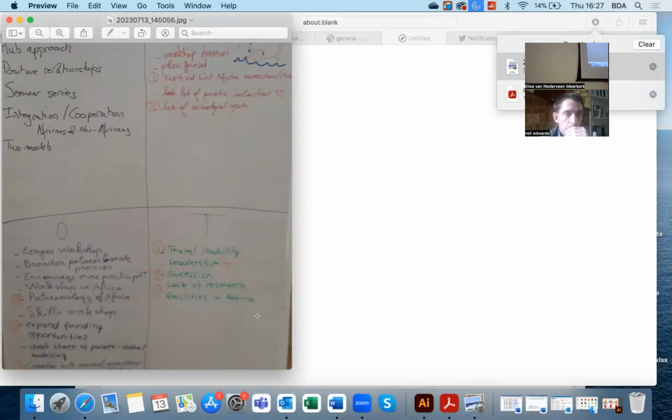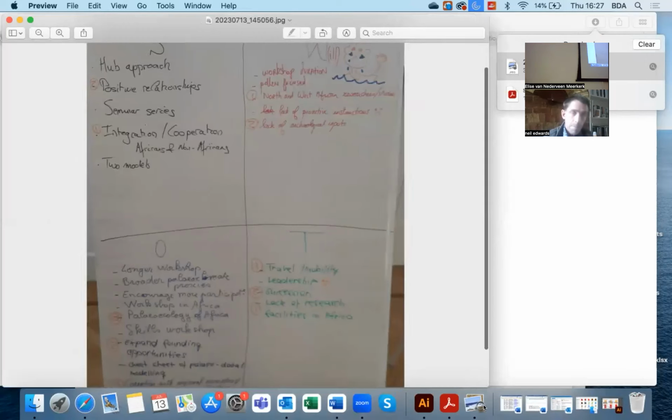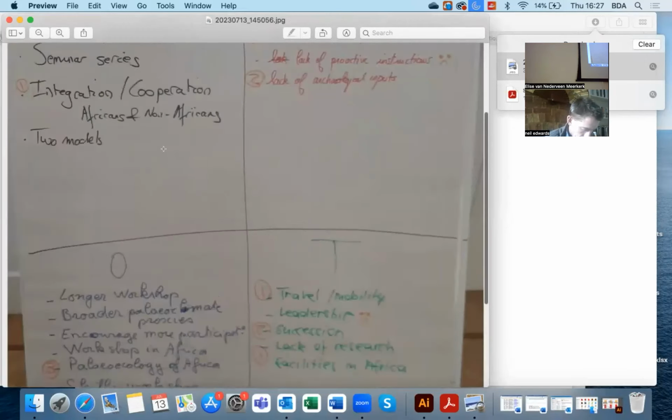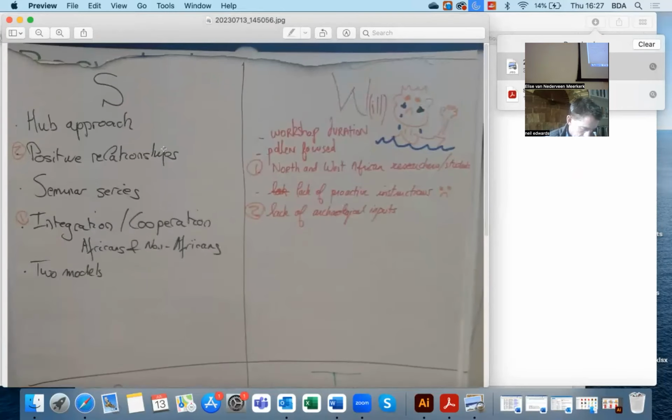So going back to the hub approach and the positive relationships, that was a really nice community to work with. And finally, many of us really enjoyed getting access to these two simulations through pastclim. Just getting access to these two simulation sets was really interesting for many researchers, seeing the potential of having access to all of that.